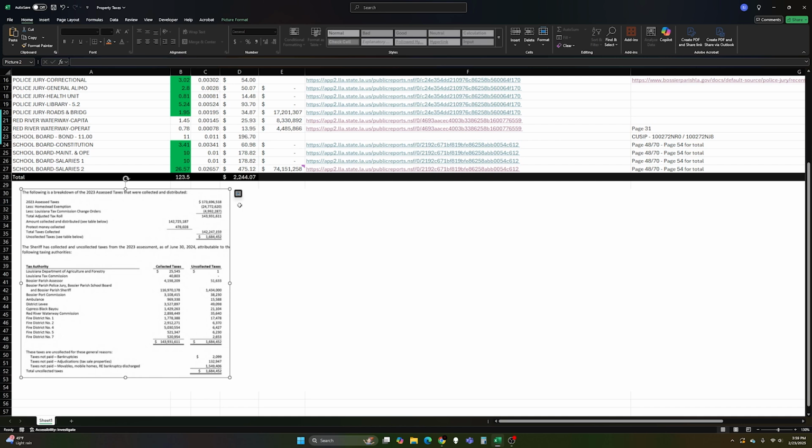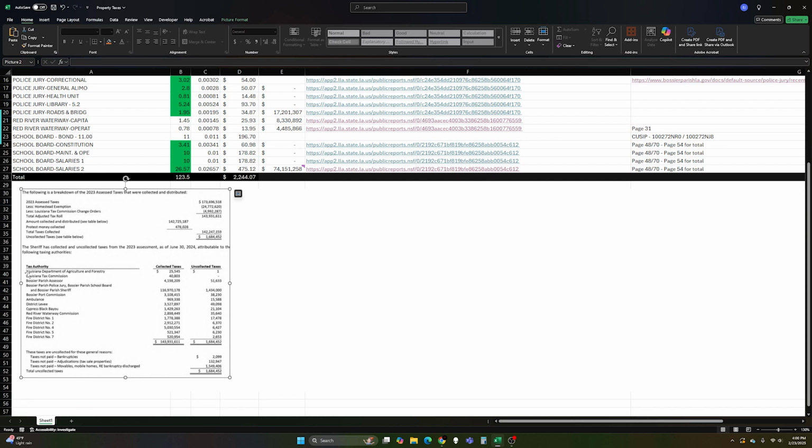I would think a lot more people qualify for homestead exemptions, unless we're moving so frequently and we have such an influx, maybe from the military and maybe college-bound people. I'm not sure. And then less the Louisiana Tax Commission change orders. This is how much is collected, about 142 million. And then it looks like we have about 1.7 million that is still uncollected.